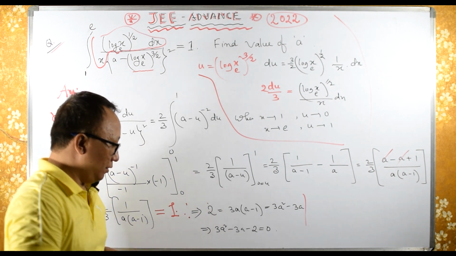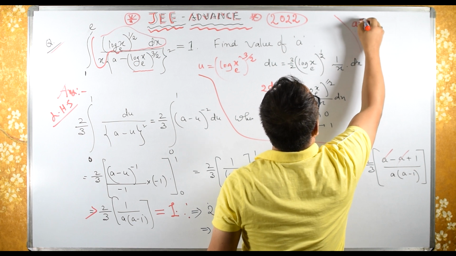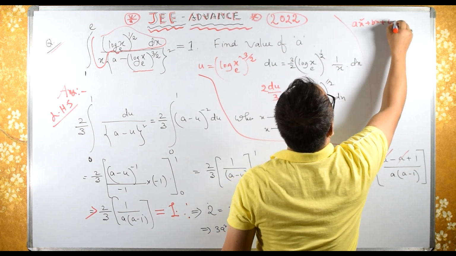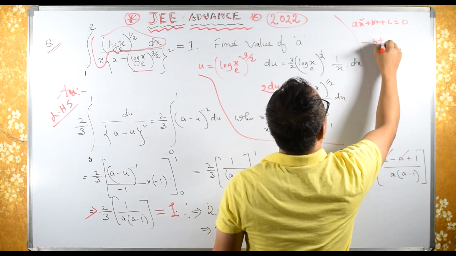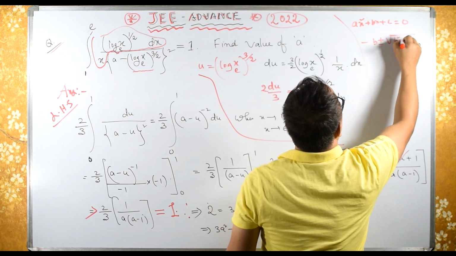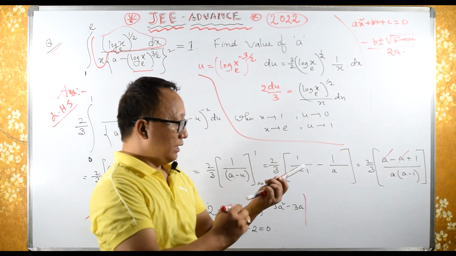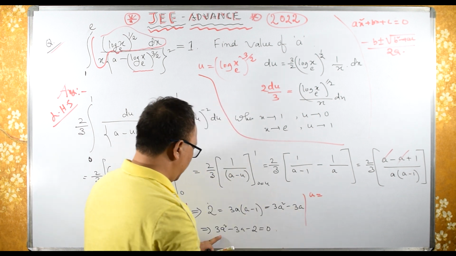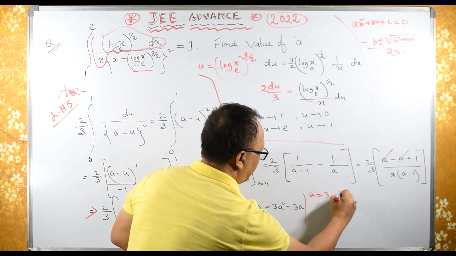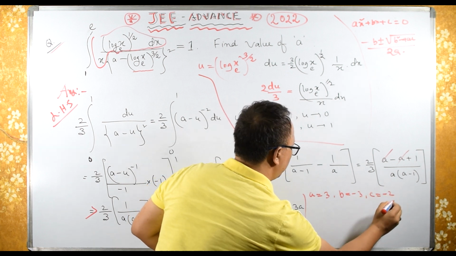Remember, for quadratic equations of the form ax squared plus bx plus c equals 0, the values of x are given by minus b plus or minus the square root of b squared minus 4ac, upon twice a. Therefore, let's apply it over here. Here a equals 3, b equals minus 3, c equals minus 2.